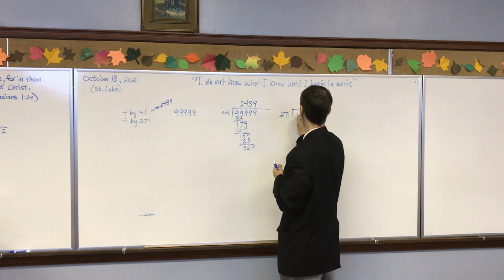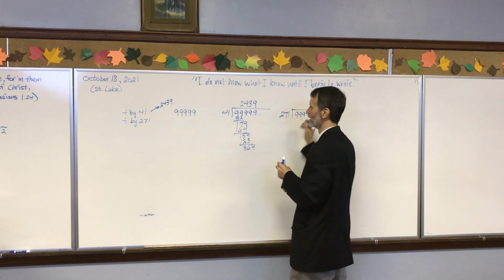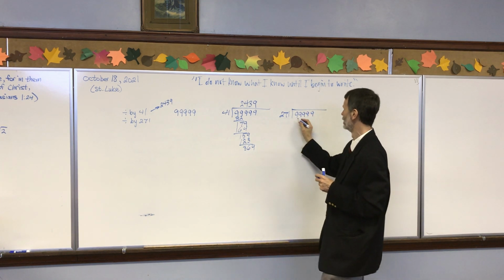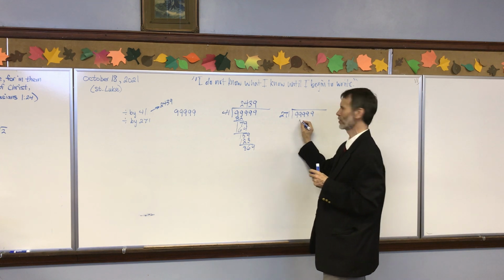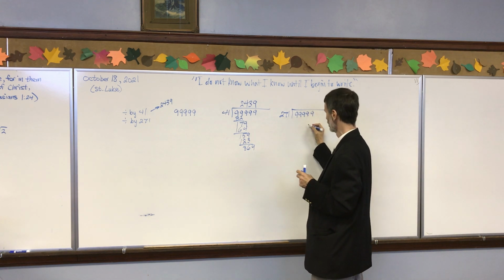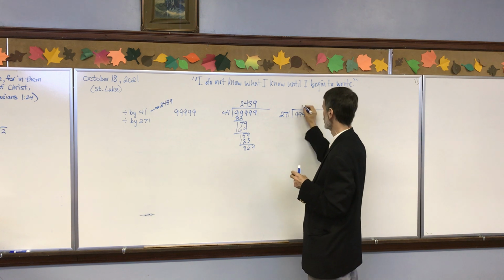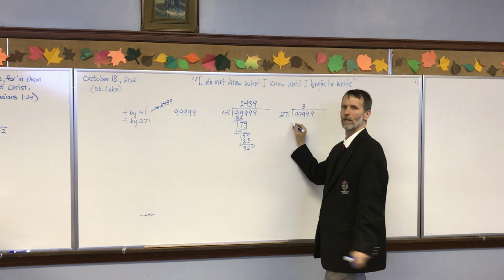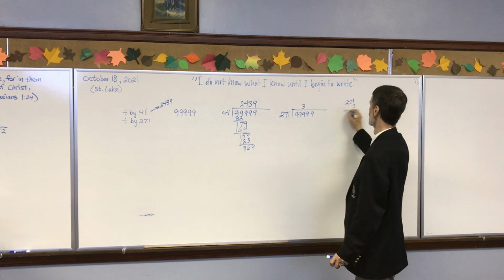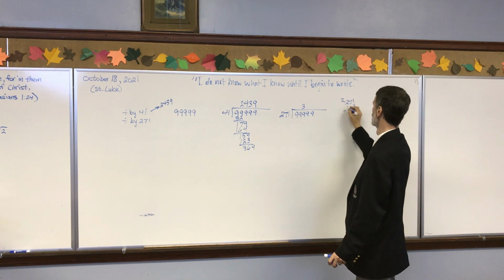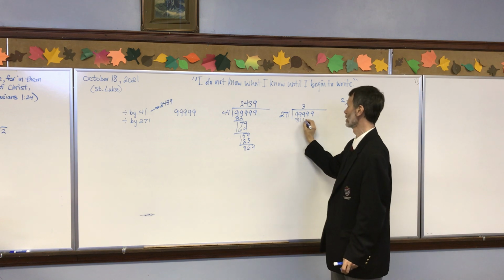So we've got 271 going into 999, I think 3 times? No, wait, 2750? Yeah, 3 times. 813.